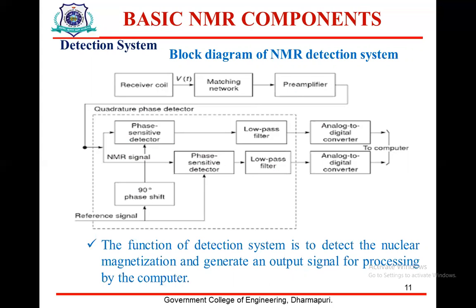The output of the phase sensitive detector is fed to the LPF, the low pass filter, which eliminates the low frequency component, and this filtered signal is given to the analog to digital converter. The function of the detection system is to detect the nuclear magnetization and generate an output signal for processing by the computer.